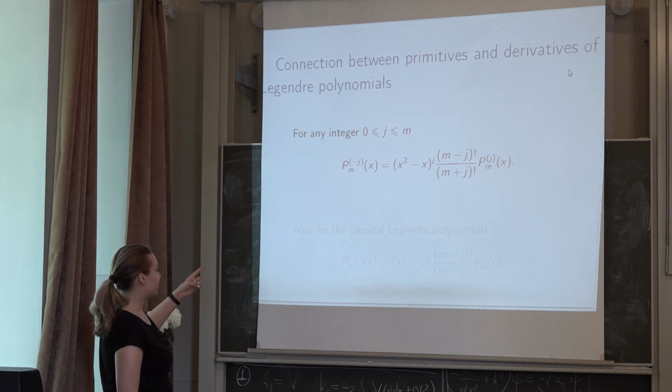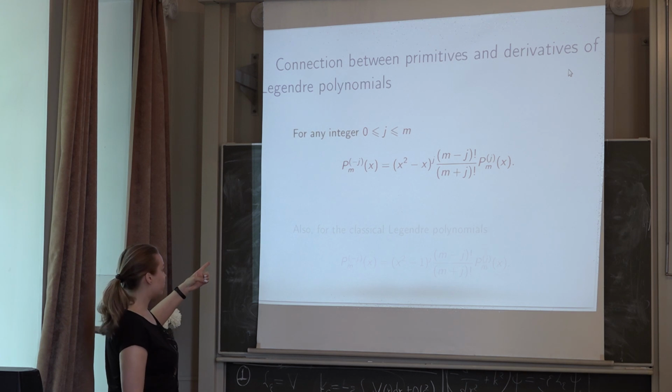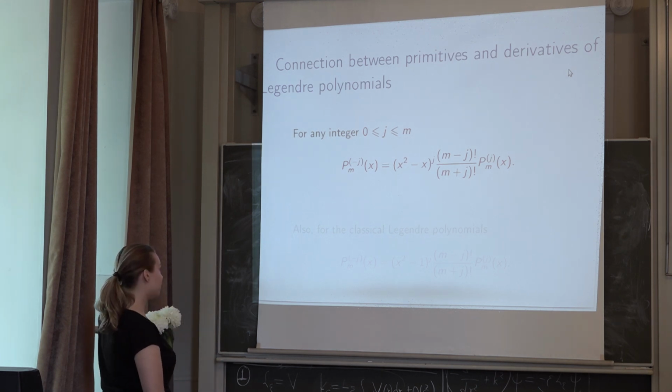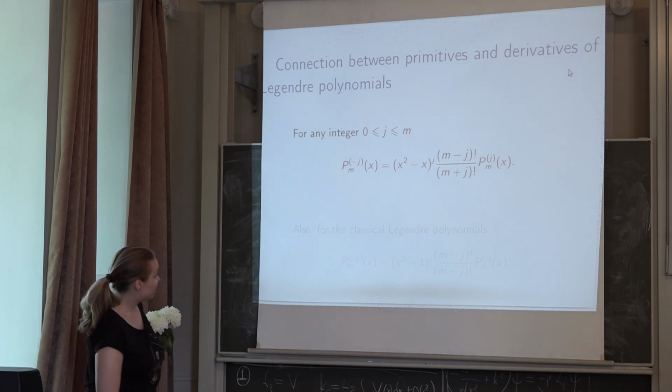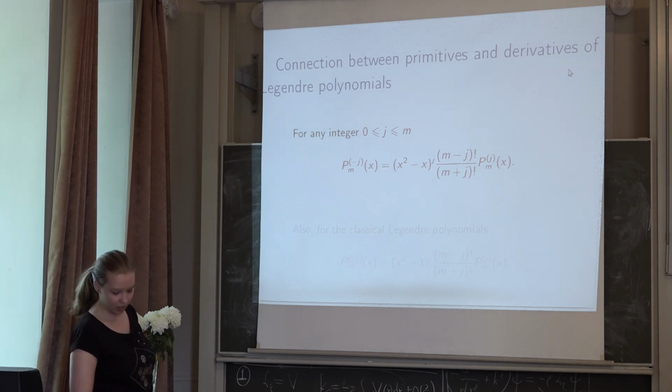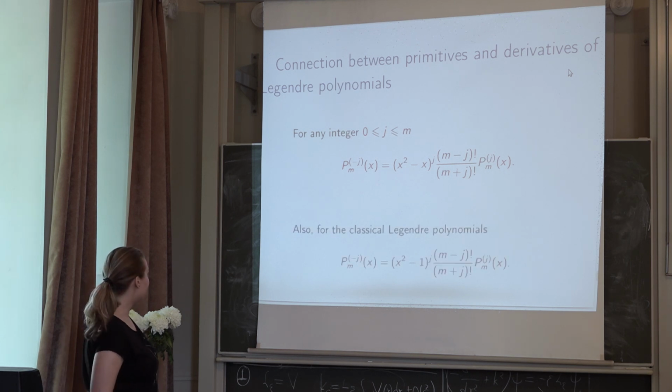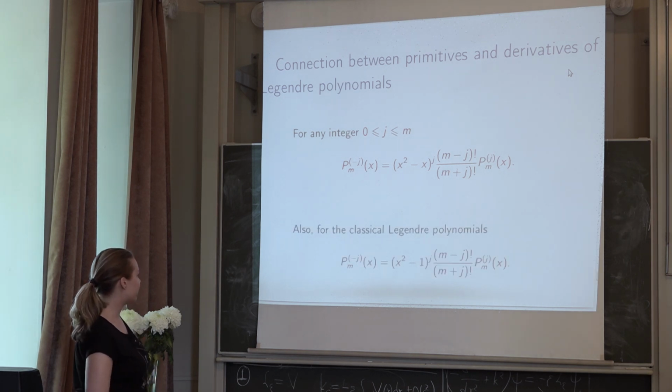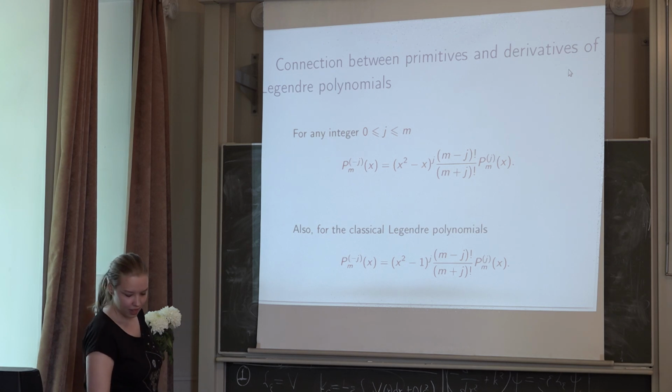On the left side, it's the antiderivative of order j. And on the right side, we have polynomials of very simple form, and the derivative of the same order. Also, we can write it for the classical Legendre polynomials. Here, it's Legendre polynomials on the segment -1, 1.